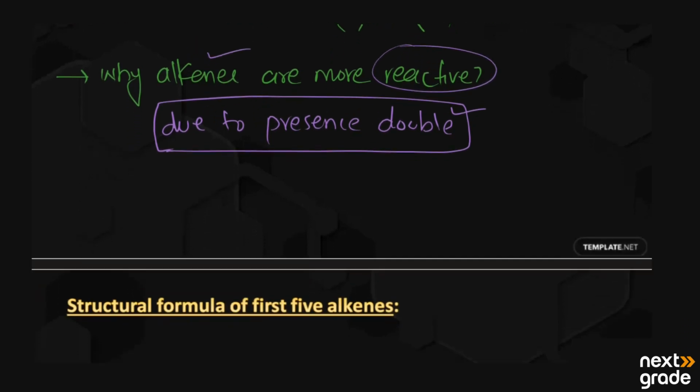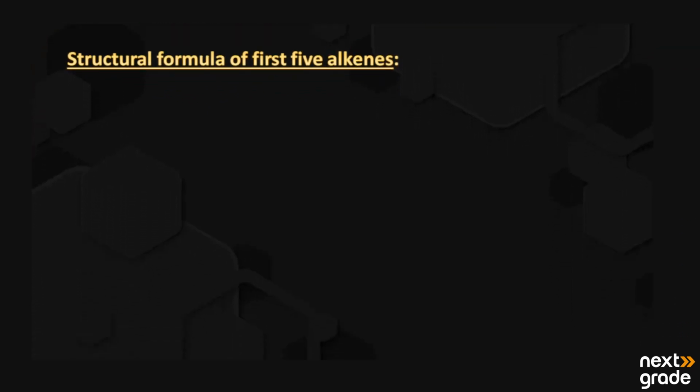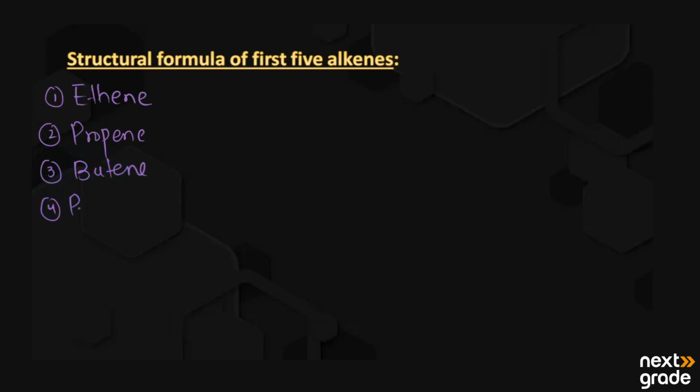Next we have the structural formulas for the first five alkenes. So let's have a look at what the first five alkenes are. If I list them out, the first one is ethene. The second one is propene. The third one is butene. The fourth one is pentene.